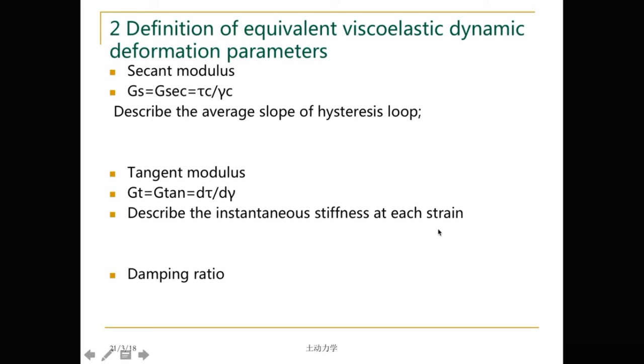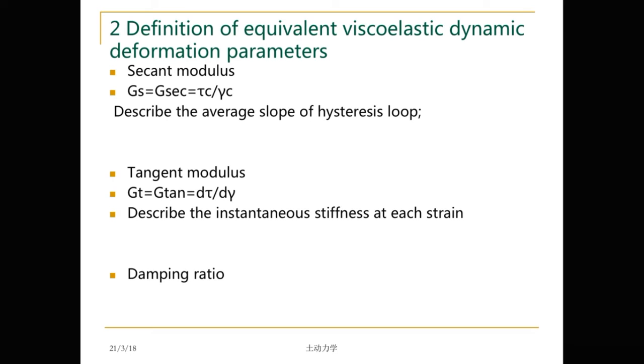In fact, for the hysteresis loop, we can find the two ends of it, the ends of unloading or reloading. If we connect these two ends, this straight line will pass through the origin O, zero.